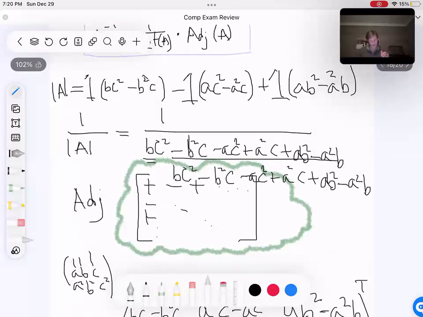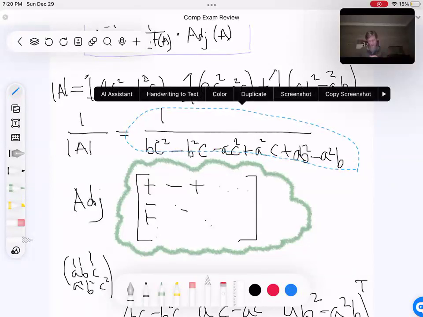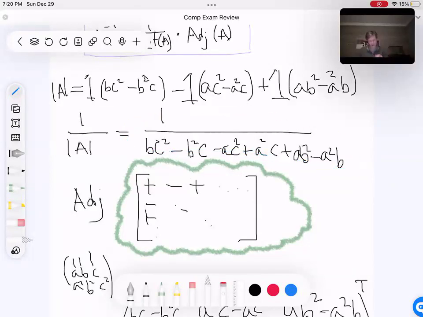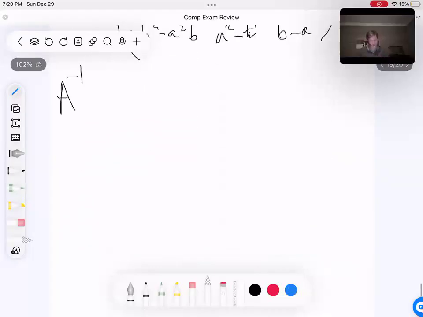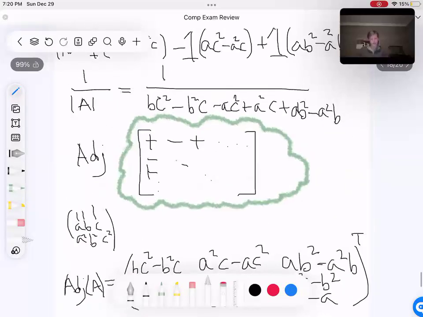How are we going to do this? Can I copy it? Yes, I can. Okay, maybe copying it will work. So that is going to equal. How do I do this? You know what? I'm going to be not lazy and write it all out again.